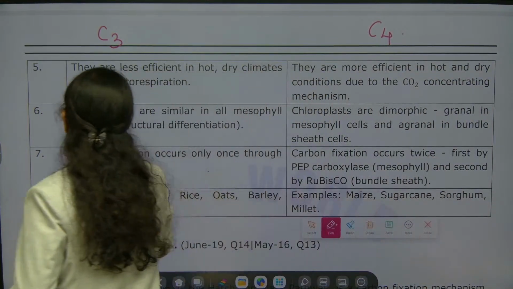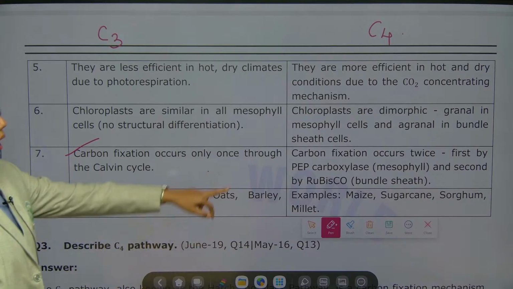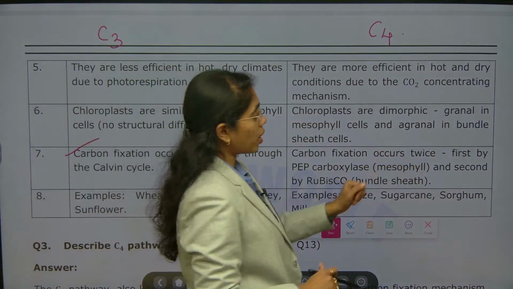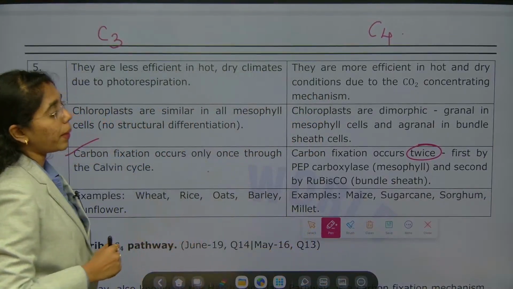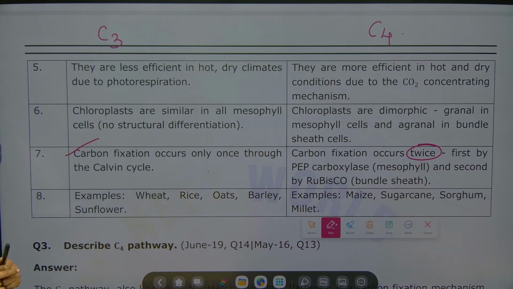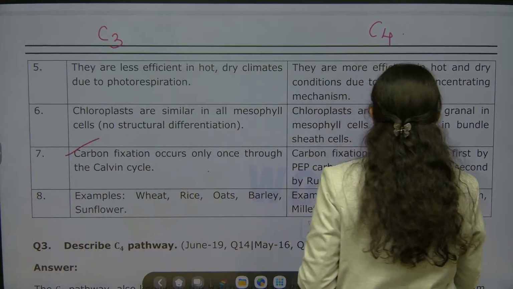Here you see carbon dioxide fixation occurs only once through the Calvin cycle. Here carbon fixation occurs twice.